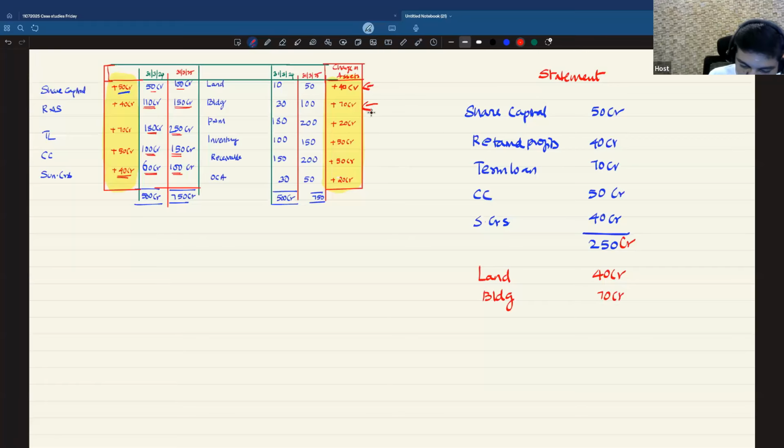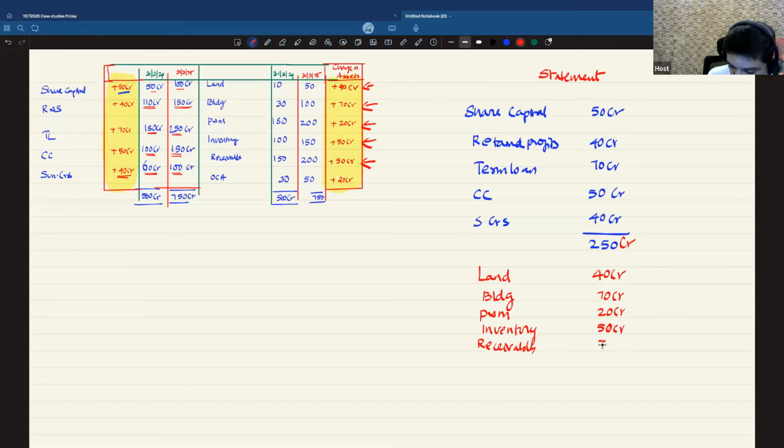It has been used for investment in plant and machinery. What is the investment in plant and machinery? It is 20 crore. It has been used for investment in inventory also. What is the investment in inventory? It is 50 crore. What is the investment they have made in receivables? That is another 50 crore.